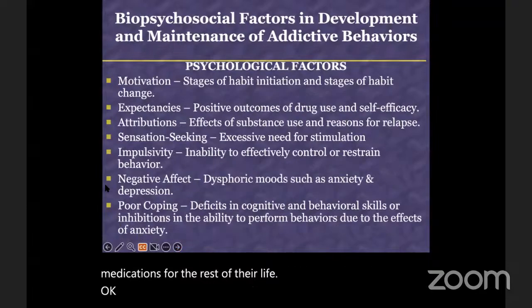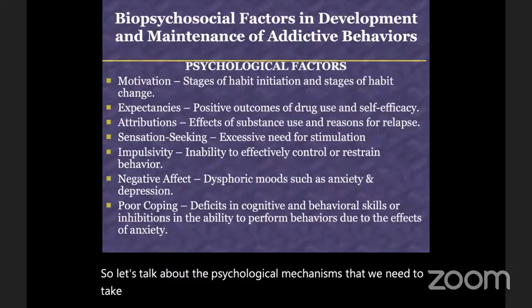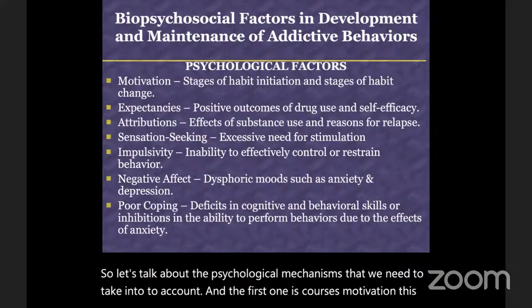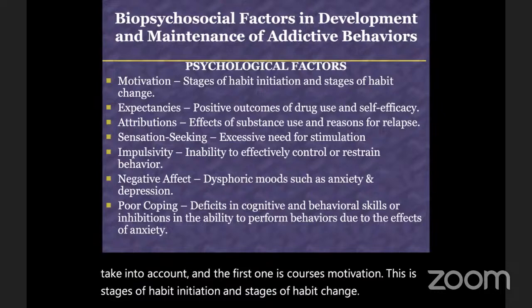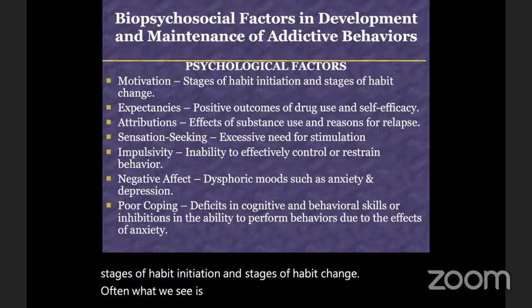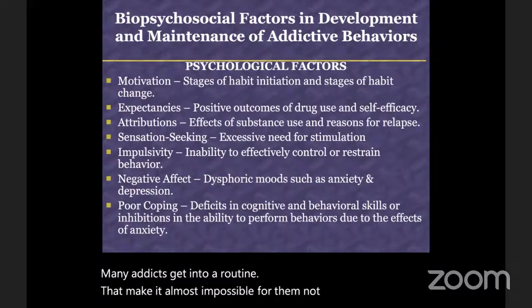Okay. So let's talk about the psychological mechanisms that we need to take into account. And the first one, of course, is motivation. This is stages of habit initiation and stages of habit change. Often what we see is many addicts get into a routine that makes it almost impossible for them not to do that substance in some way.